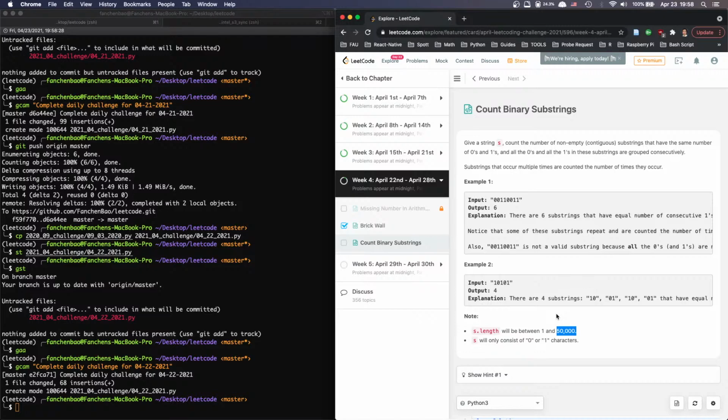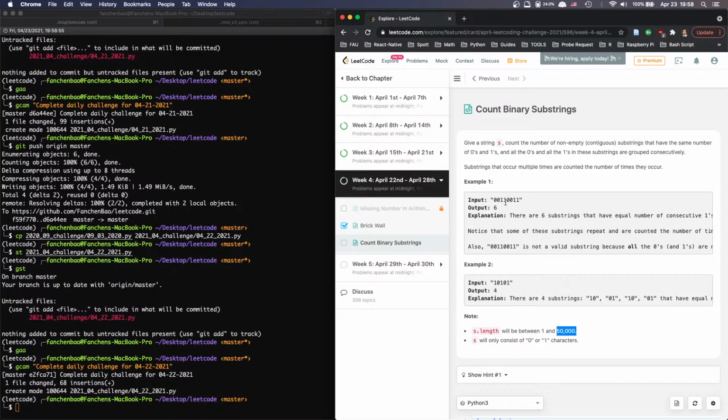Substring. Zero, 0, 1, and then we find a 1. We find a 0, we try to look back. I find a 1, the first 1 we find, try to look back, and that's a 0, then that's 1.